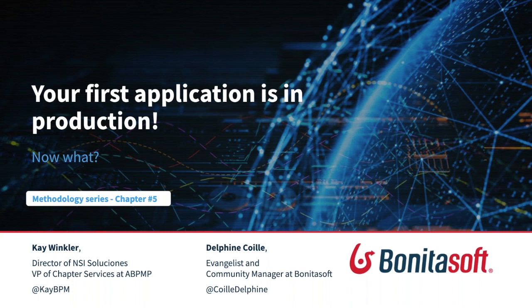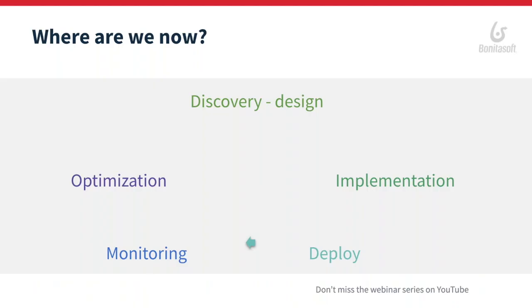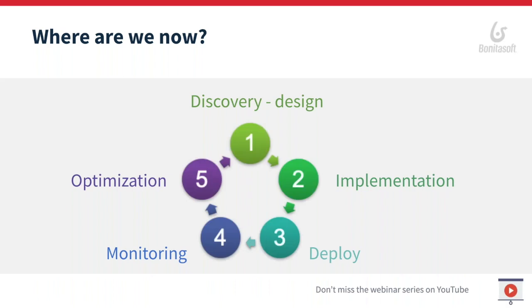So now let's quickly return to the life cycle of your project and where we are today. As you remember, we always talked about a life cycle in 5 phases. The first one, the discovery and design, is the goal you want to achieve.